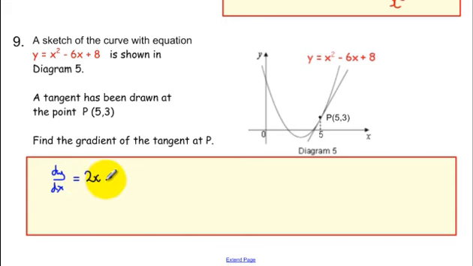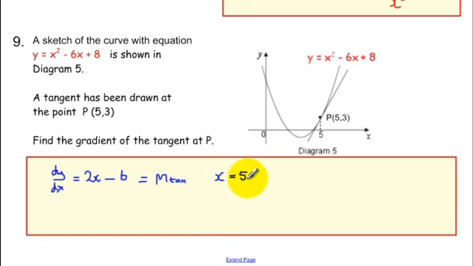Differentiating minus 6x is minus 6. Differentiating 8 is 0. dy by dx tells us the gradient of the tangent, or m tan, at any point on the curve. We're interested in the point where the x coordinate is 5.